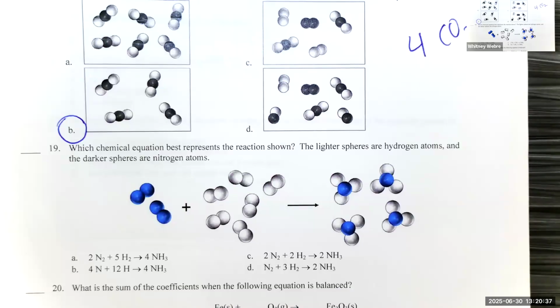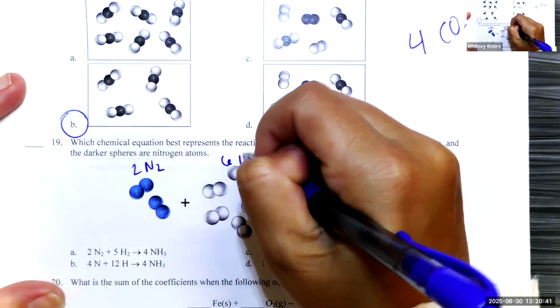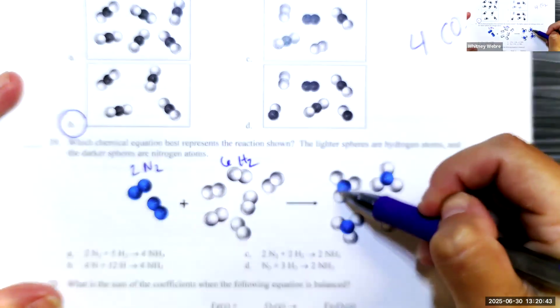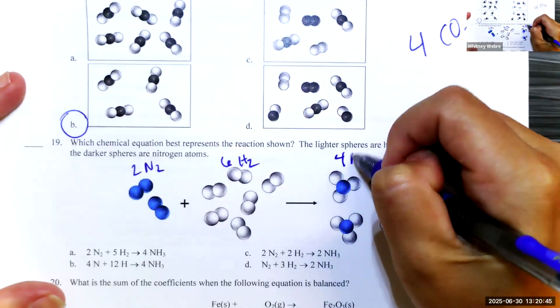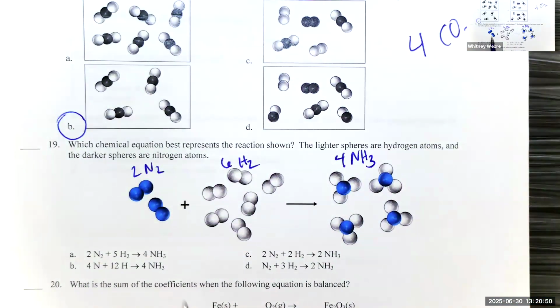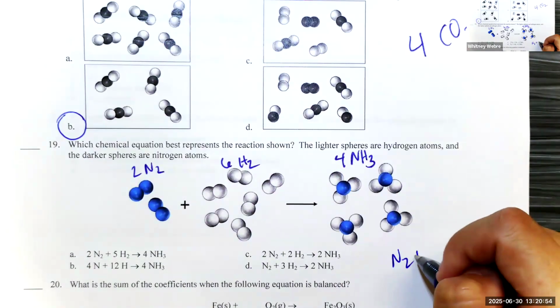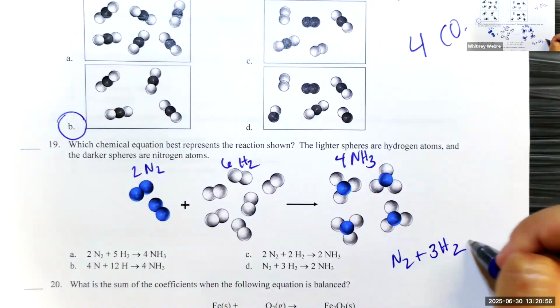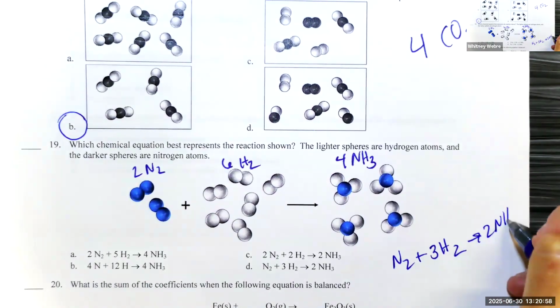So I have 2 N2, 6 H2, and then 1, 2, 3, 4, so 4 NH3. So what can I divide all these numbers by? So it would be N2 plus 3 H2 gives 2 NH3.